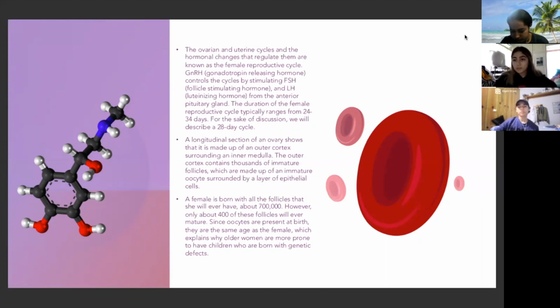A female is born with all the follicles that she will ever have, about 700,000. However, only about 400 of these follicles will ever mature. Since oocytes are present at birth, they are the same age as the female, which explains why older women are more prone to have children who are born with genetic defects.